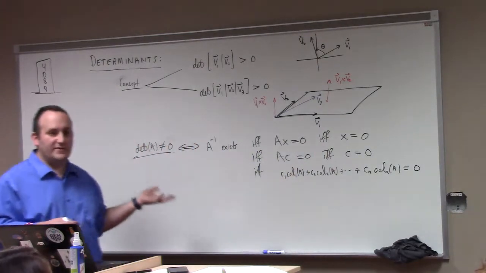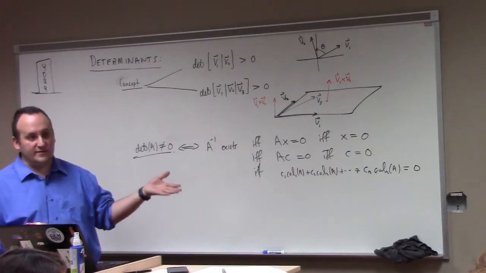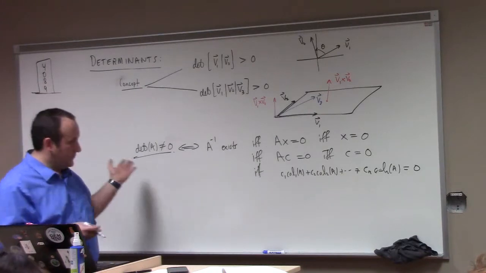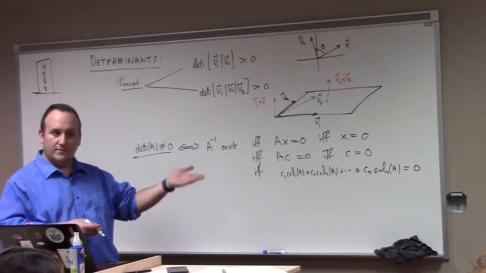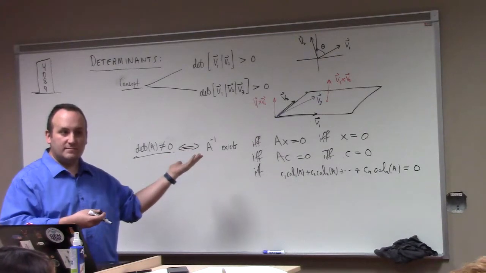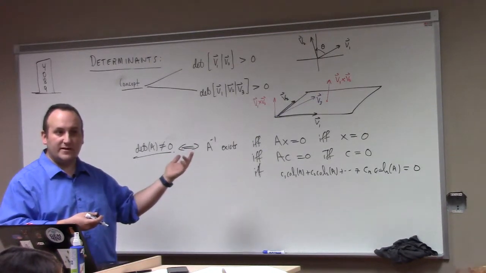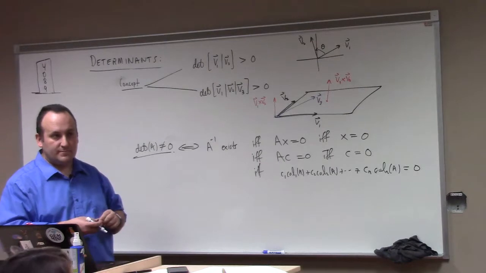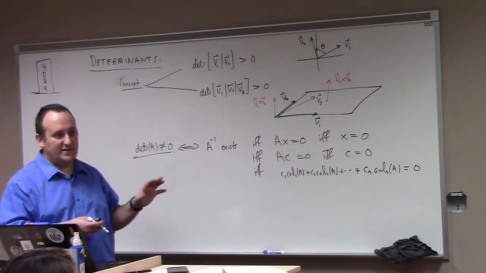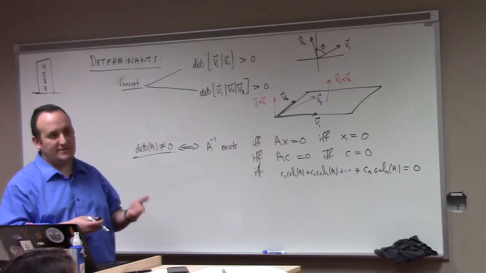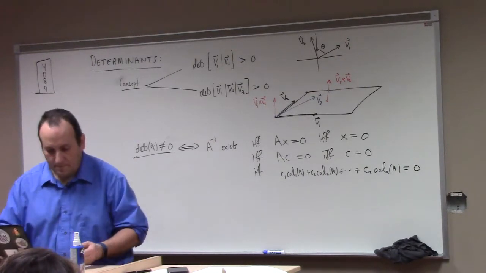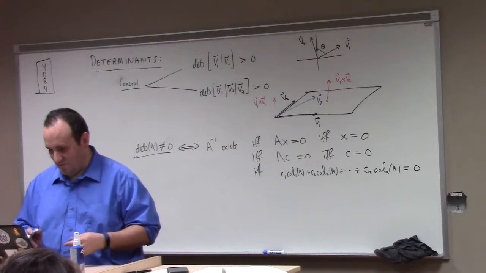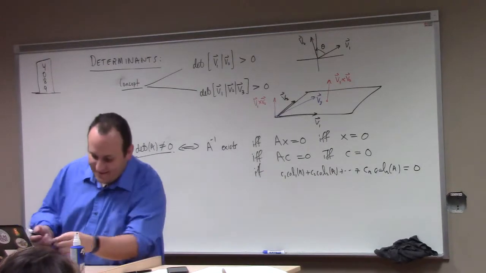If you want to check whether a set of n vectors in n dimensions is linearly independent, put them together into a matrix, calculate the determinant. If it's non-zero, they're linearly independent. If it's 0, there's a linear dependence that you can find, right? Now, the determinant doesn't tell you what that linear dependence is, but it tells you it's there to find. That's very nice. And is that why it's called determinant? It determines many things, yes.